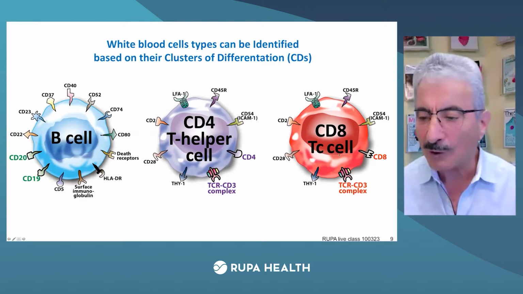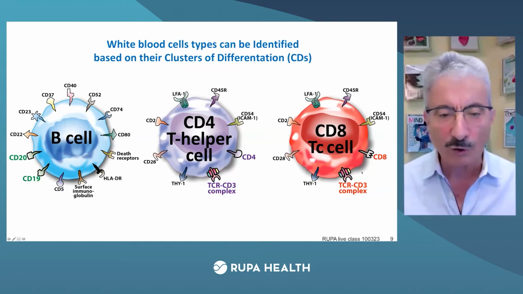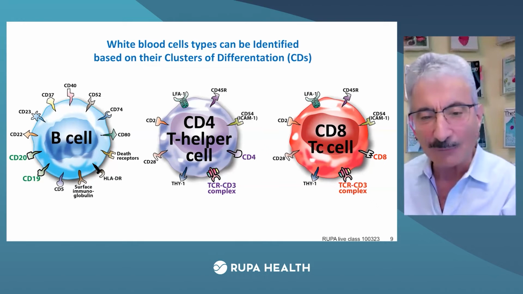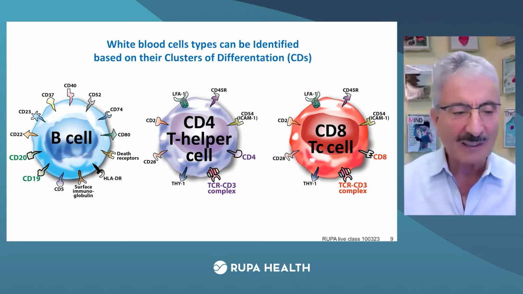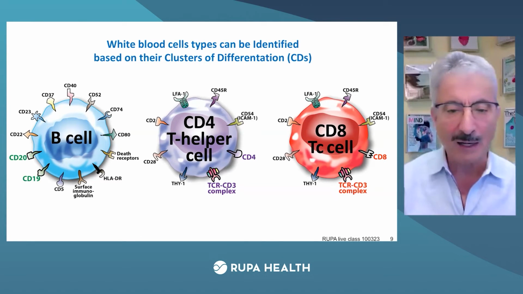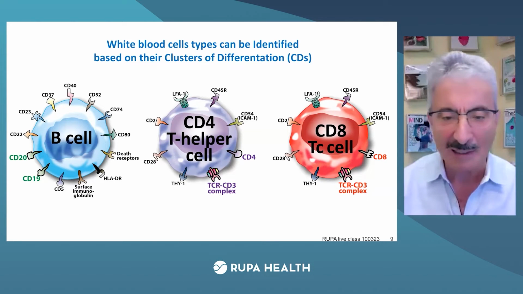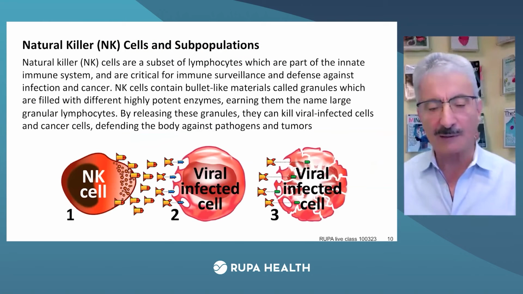The same thing for cytotoxic T cells, the cluster differentiation is CD8. Using monoclonal antibodies stained with different colors, we can count the number of T cells, the number of B cells, Th1, Th2, Treg, and many natural killer cells with very high accuracy and reproducibility.